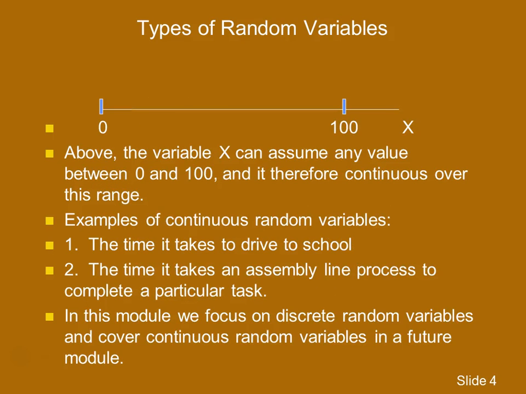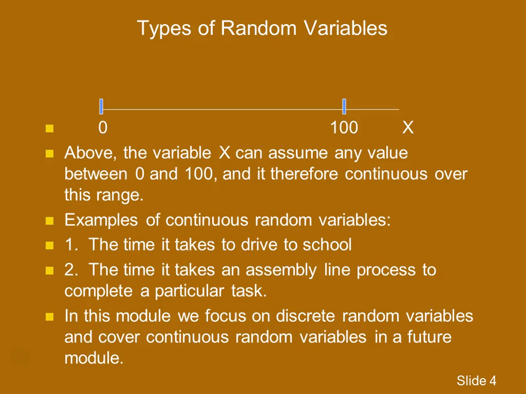Here we have the variable x as a continuous variable, saying that any value from 0 to 100 is possible, including fractional values. If we can measure a variable precisely enough, we can sometimes think of it as continuous. The time it takes you to drive to school, if we want to measure it in minutes, or get down to even seconds, or possibly tenths of seconds if we had precise measuring, we could think of it as effectively continuous over some range.